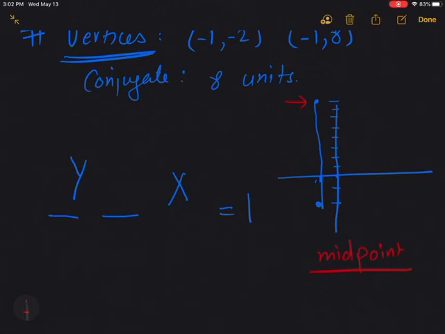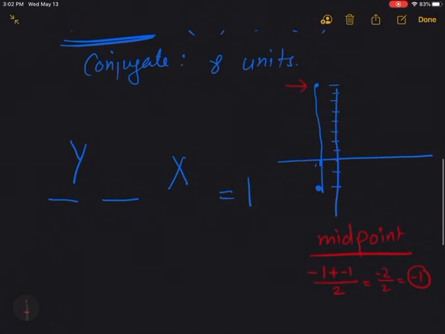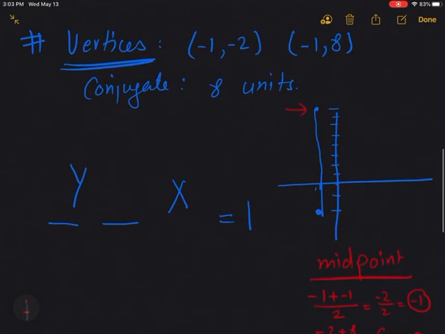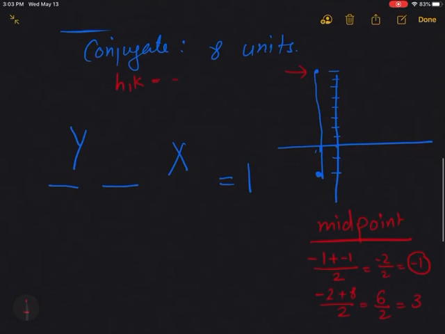So let's add the x's. -1 added to -1 divided by 2 becomes -2 divided by 2, which is -1. The x coordinate stays the same. It's the y that would change. So -2 added to 8, divided by 2. So 6 divided by 2 is 3. So h and k: for x, it's -1. For y, it's 3.